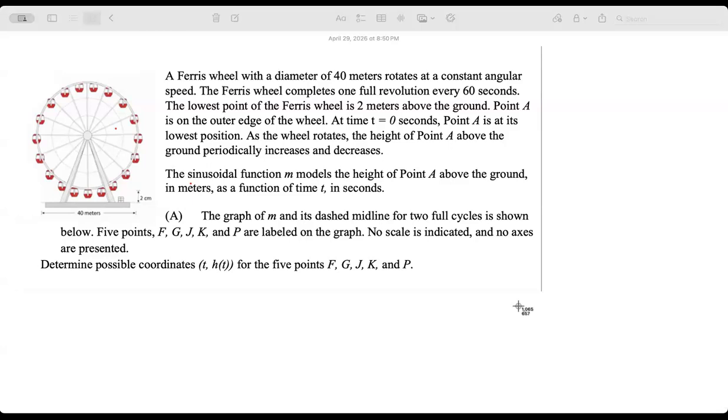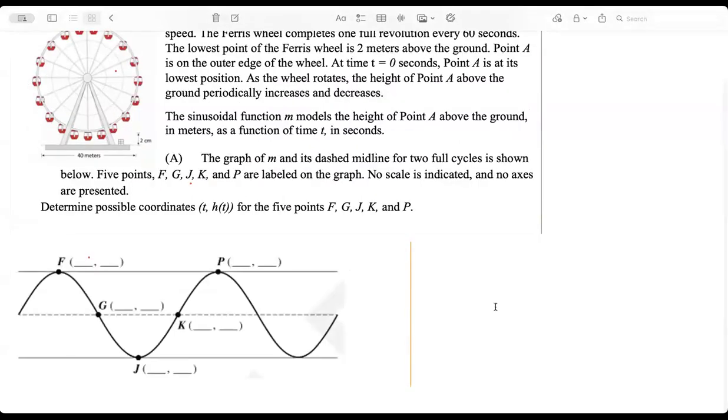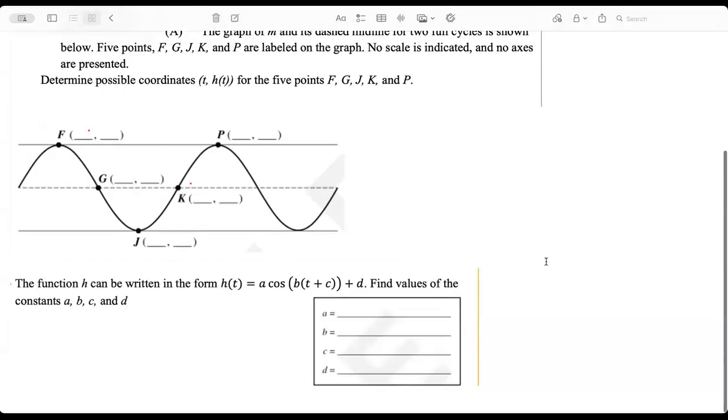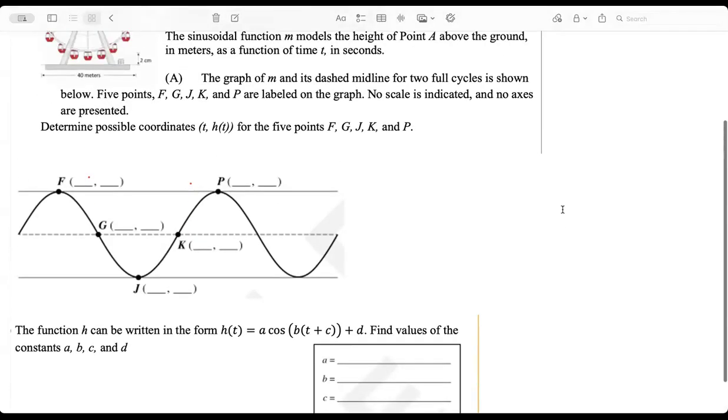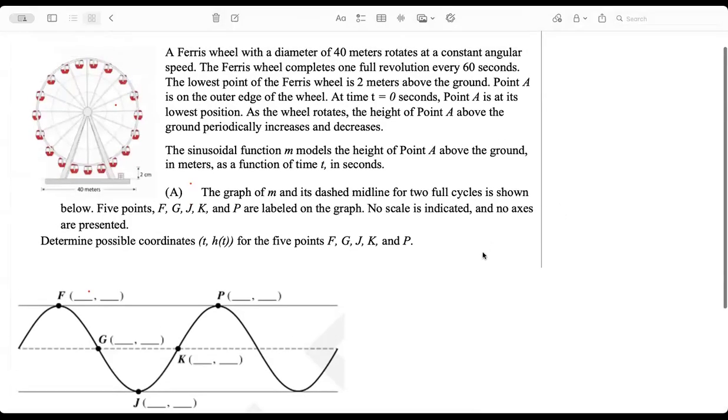Okay, you can tell me for F, G, J, K, P. Also, I would really like to see your function as a cos curve. With this format, would you be able to write a cosine function and give the values? Okay.